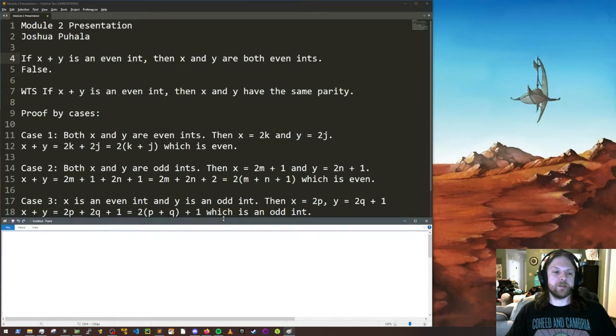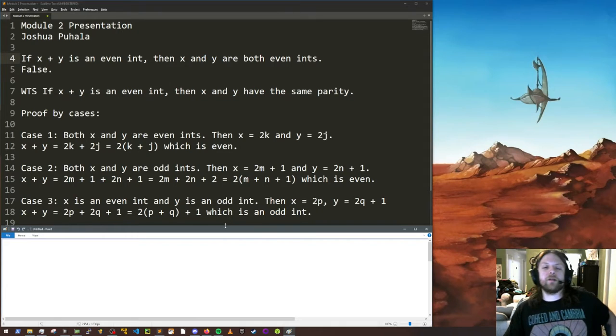And our final case here, case 3, is actually a contradiction that shows that this is in fact true. Case 3 is x is an even integer and y is an odd integer, meaning that they do not have the same parity. x can also be odd and y can also be even. It doesn't really matter, so there's only two options.